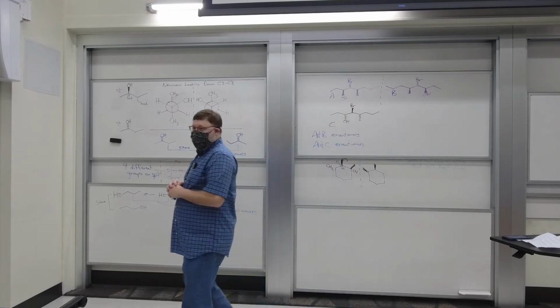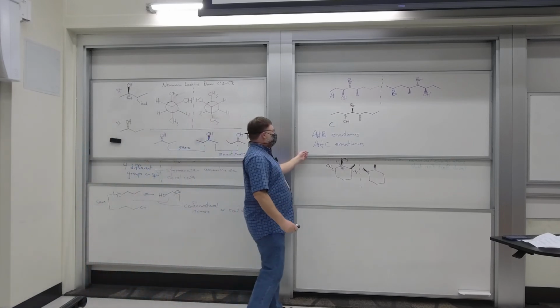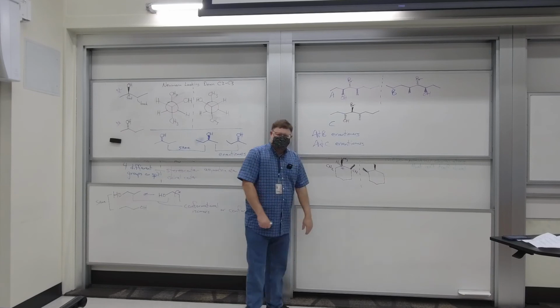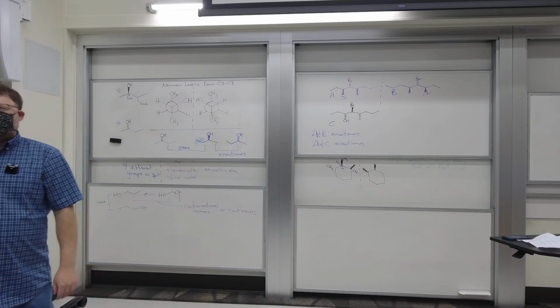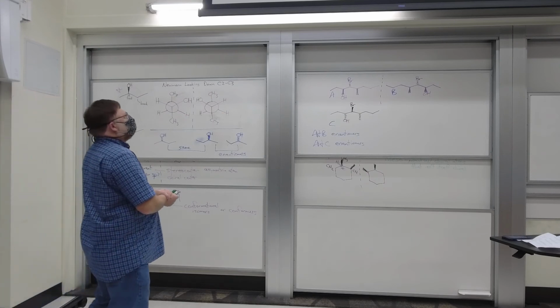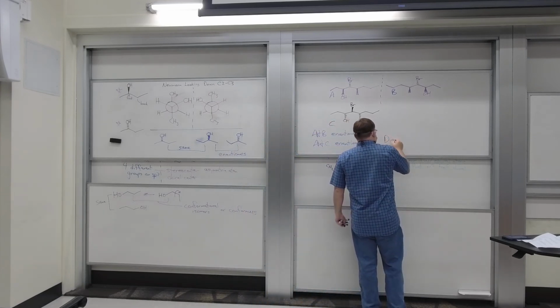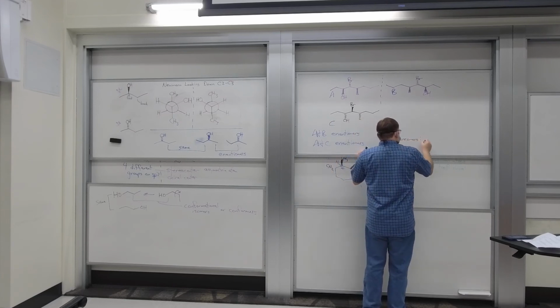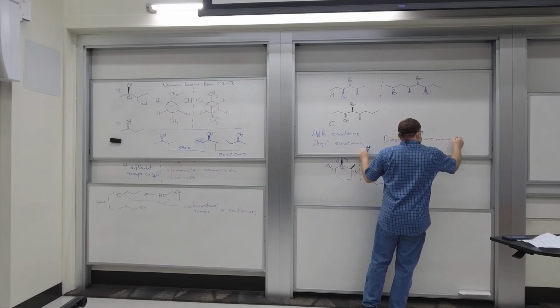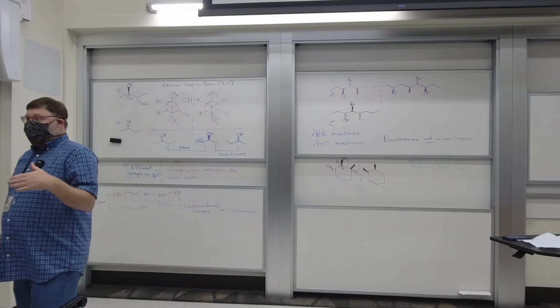Draw a diastereomer of A. So remember, diastereomers are stereoisomers that are not mirror images.